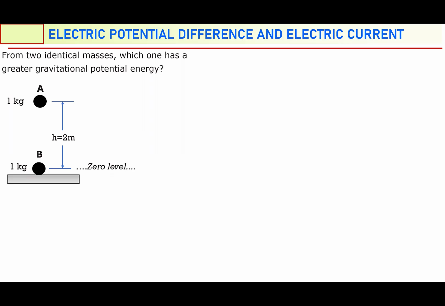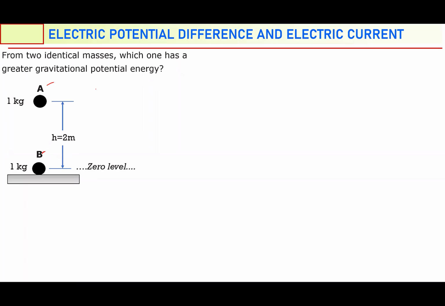Assume that there are two identical masses, mass A and mass B. If I ask you which one has a greater gravitational potential energy, you can easily answer because you learned that the one which has a higher altitude will have a greater gravitational potential energy.